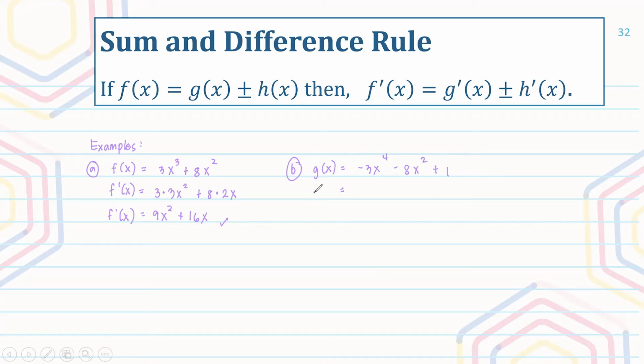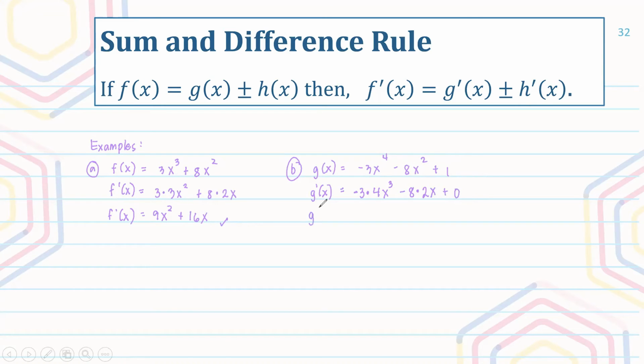So you have g prime of x is equal to, still apply the constant multiple rule in the first term. So you have negative 3 times the derivative of x raised to 4, that's 4x raised to 4 minus 1 is 3. Minus 8 times the derivative of x squared, which is 2x, plus the derivative of 1, which is 0.